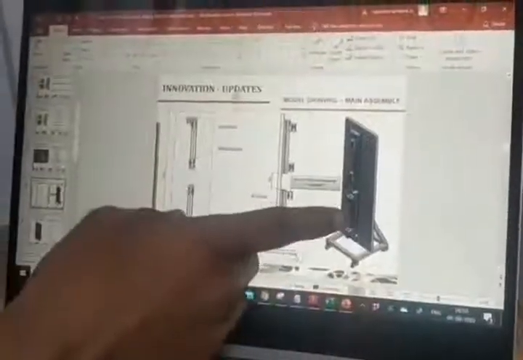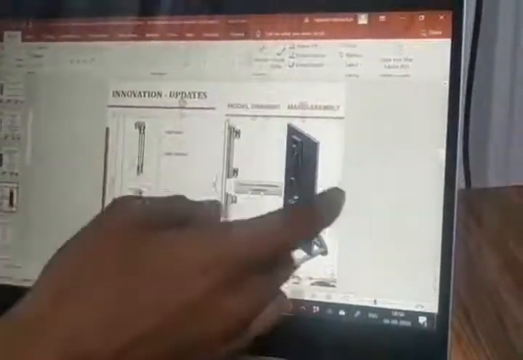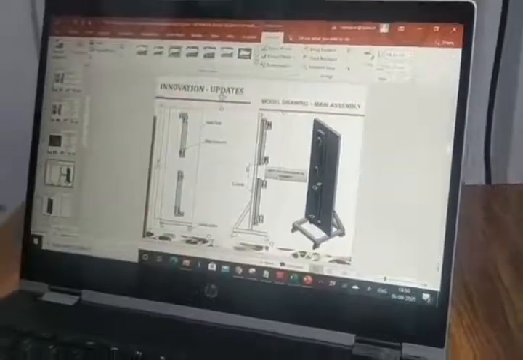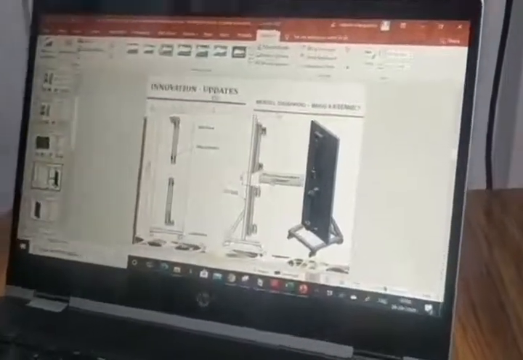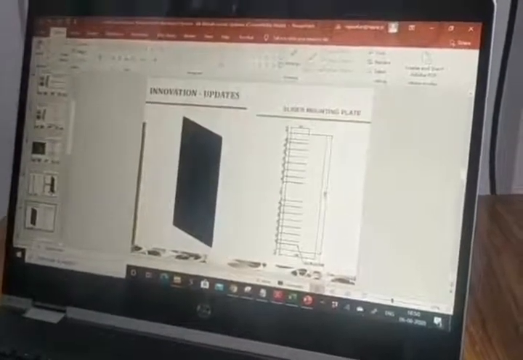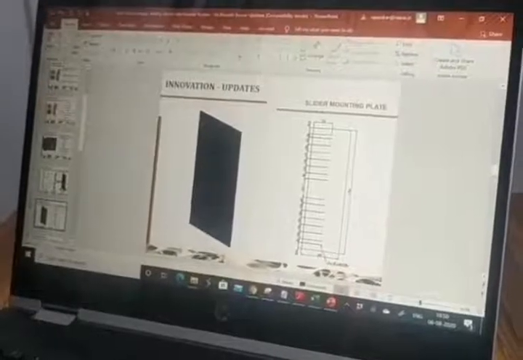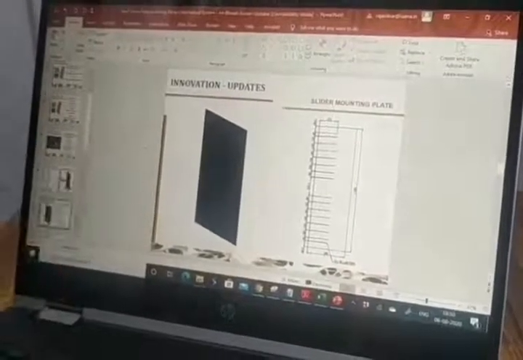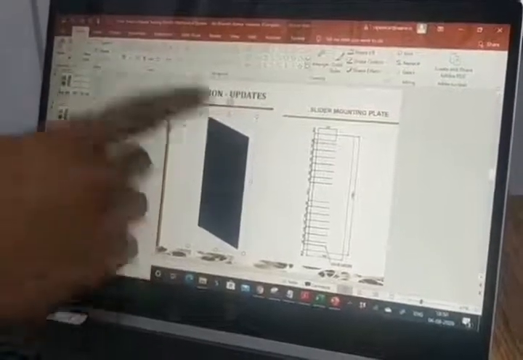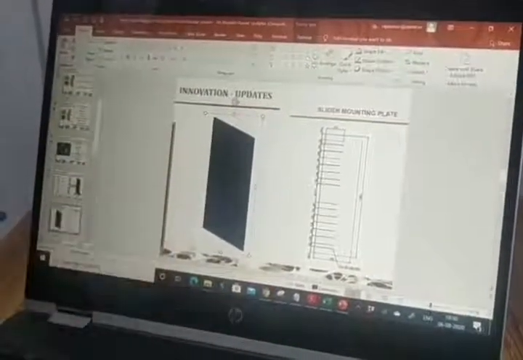This is our 3D model. You can see this plate, and the motors and guide rods will be fixed in some areas. This is our plate, and we made this one. The guide rod and motors will be fixed in these areas.